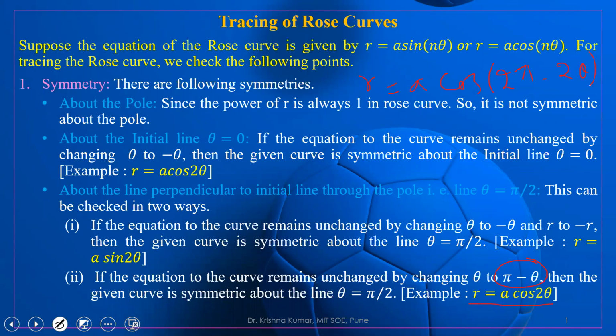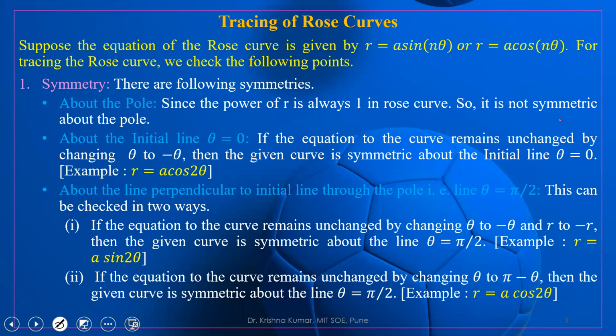The value of cos of 360 minus theta is cos theta, so r equal to a cos 2 theta. Clearly the equation of the curve does not change. That's why the given curve is symmetric about the line theta equal to pi by 2. So this is the symmetry.